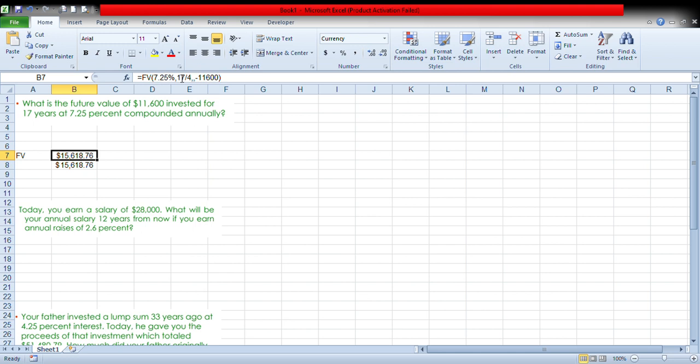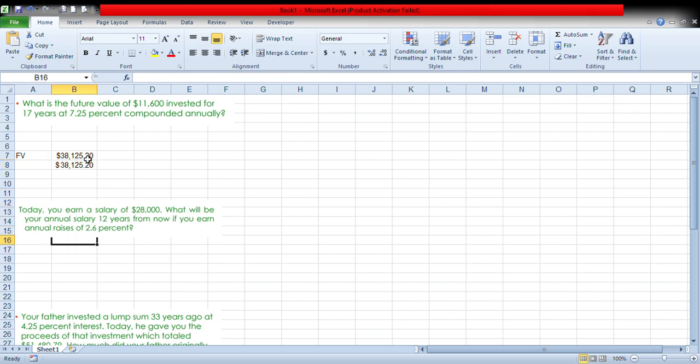So let's go back to the original, which is 17. That's how you calculate the future value with the Excel function as well as mathematically, in your copy or register.